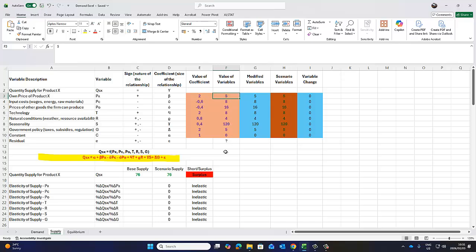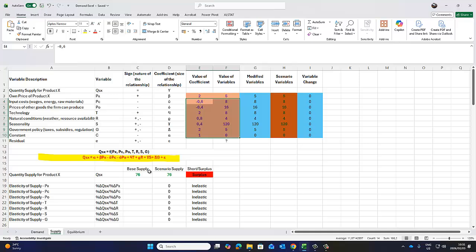So price 5, quantity supplied 76. So I've manipulated these values to get to 76. So that's how I got to some of these variables. Okay.